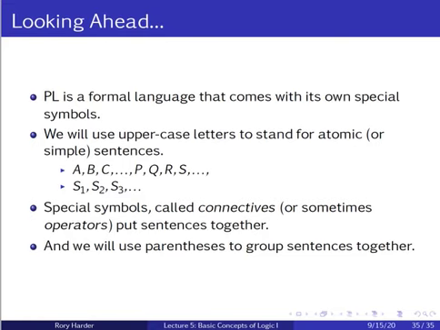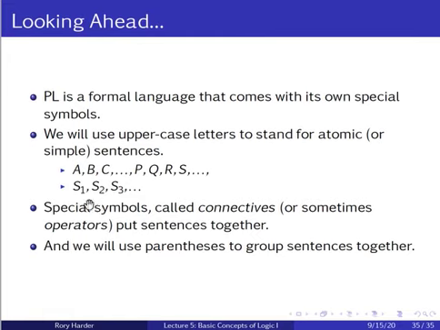Here are the basic components of this formal language. So PL is a formal language, and so it comes with its own special symbols. We will be using uppercase letters to stand for atomic or simple sentences. So particular simple sentences in our language will use uppercase letters A, B, C, D, etc.